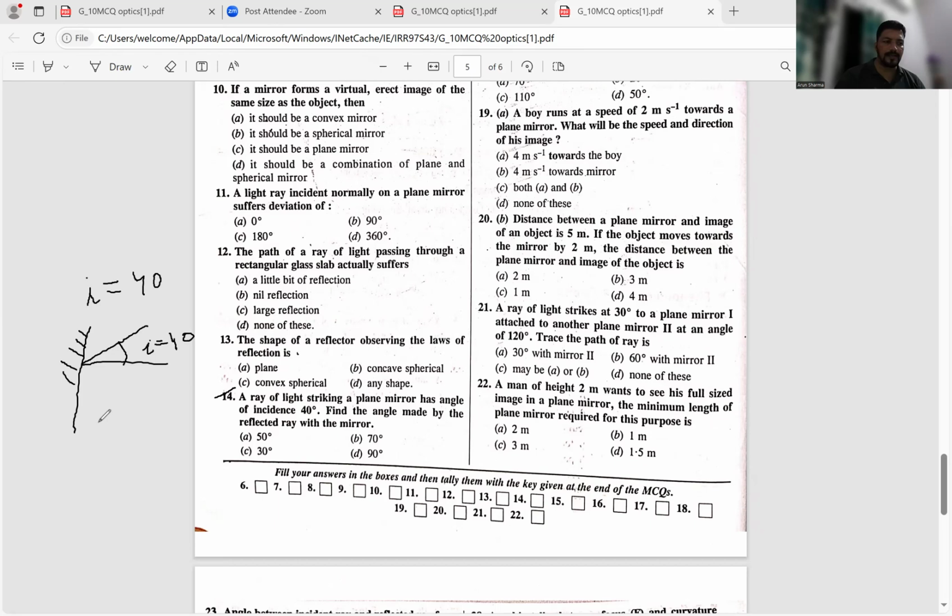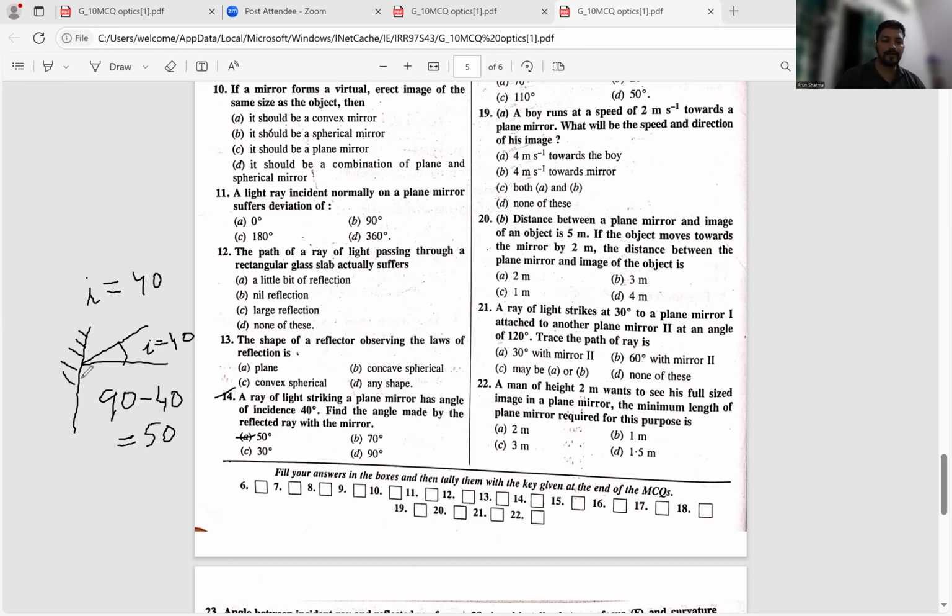So your answer: this is your normal, normal means 90. 90 minus 40 means the angle made is 50 degrees. This option. So you understand how to solve this question.